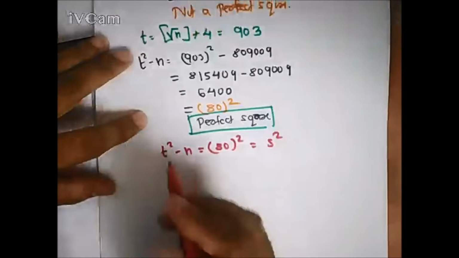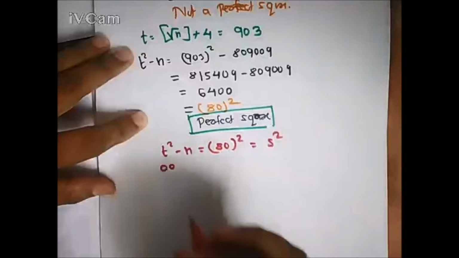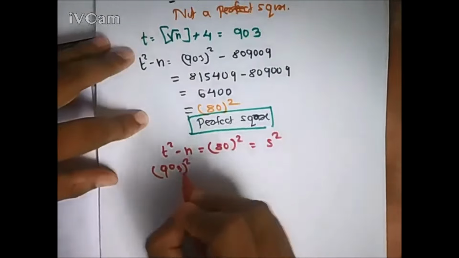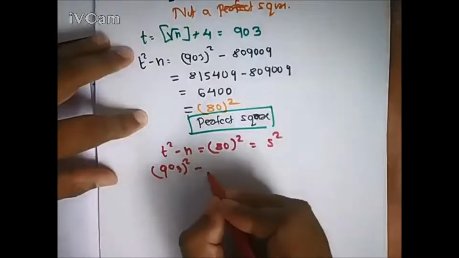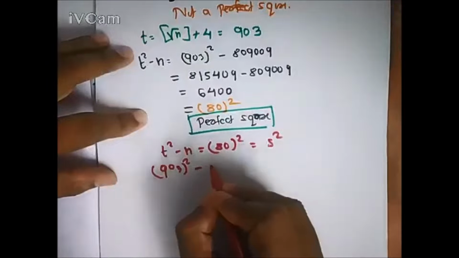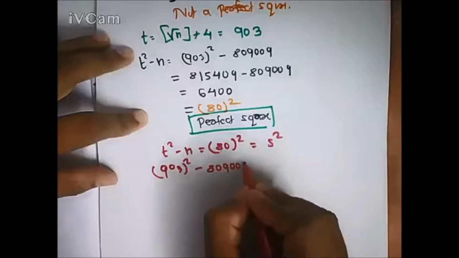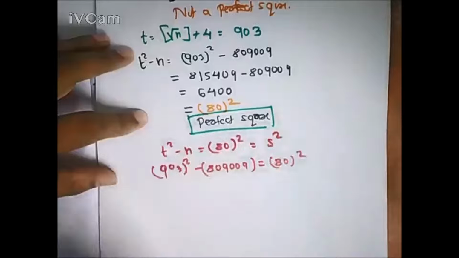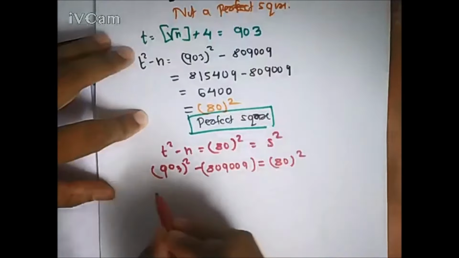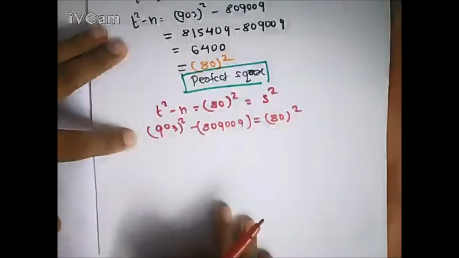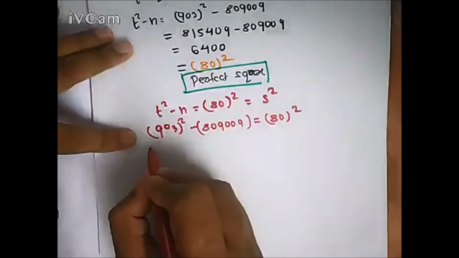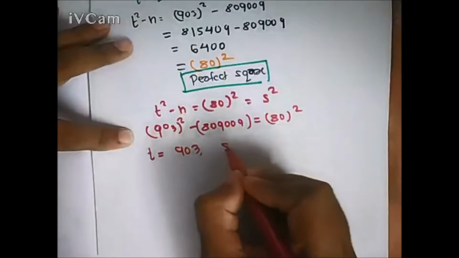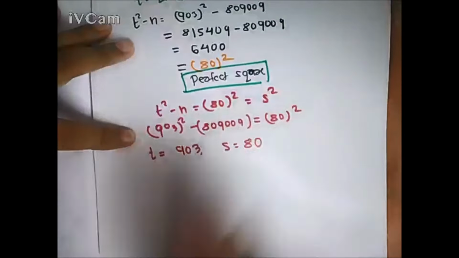We have t value 903 square minus n, 809009, equal to 80 square, right? So what can you say? We have t equal to 903, s value as 80.